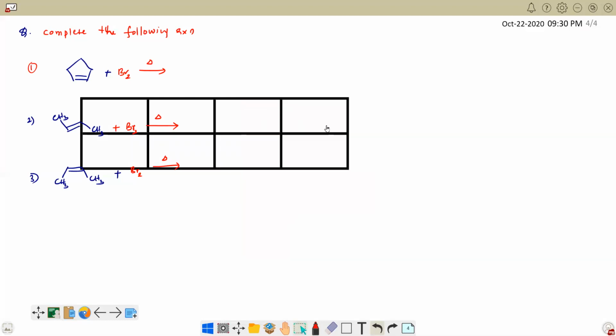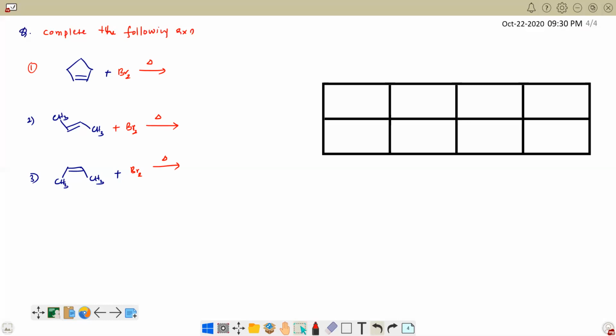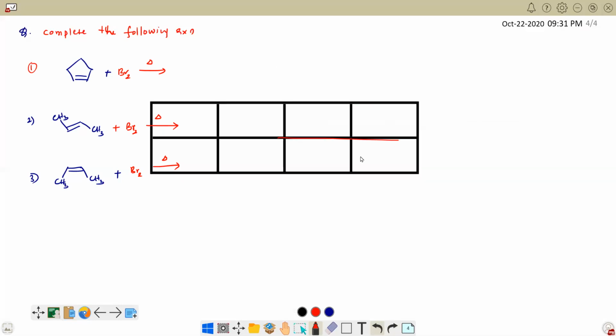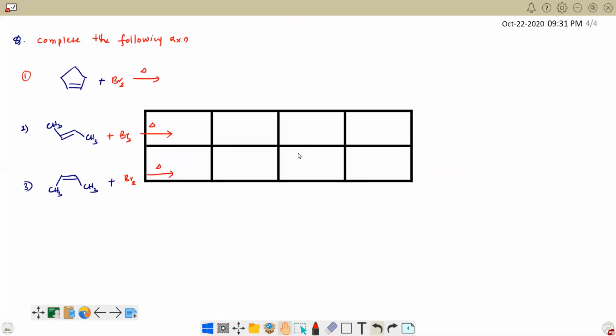Sir, if the compound is already trans, like in the second example, then Br will get added in the cis position and another Br will get added in the trans position.